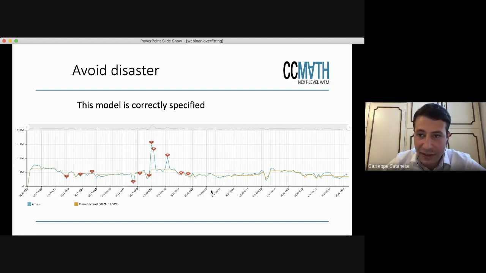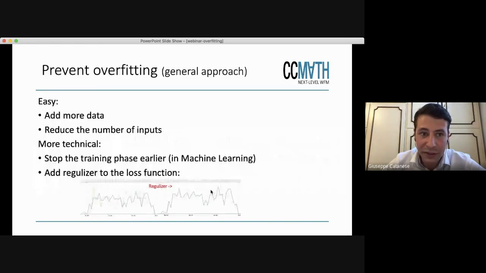This is overfitting. But how can we prevent overfitting then? Because often we don't have so many data points, and we sometimes don't know how to do better. There are ways. There are easy ways, but there are also more technical ways.